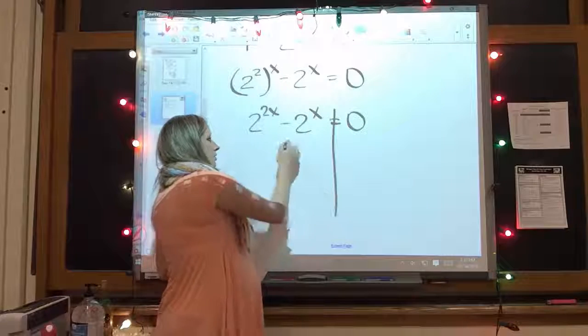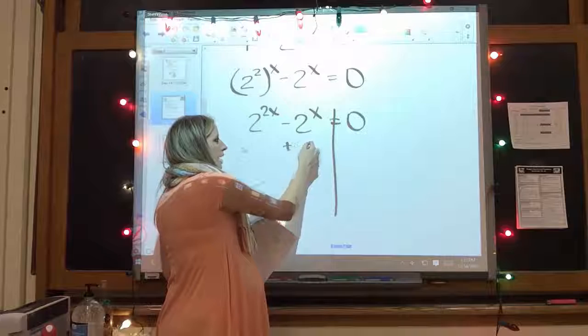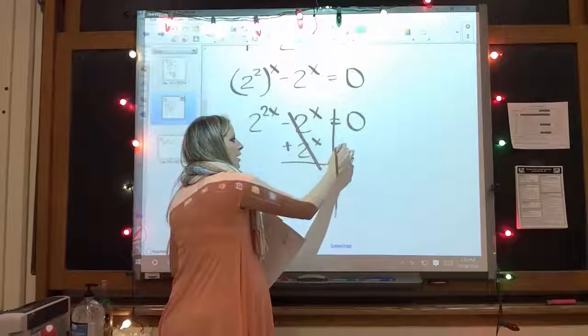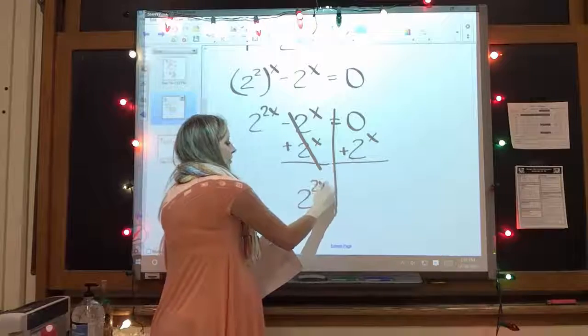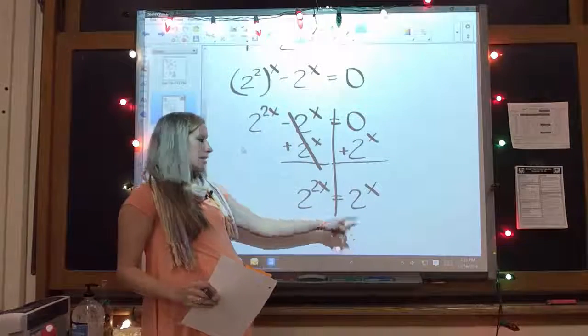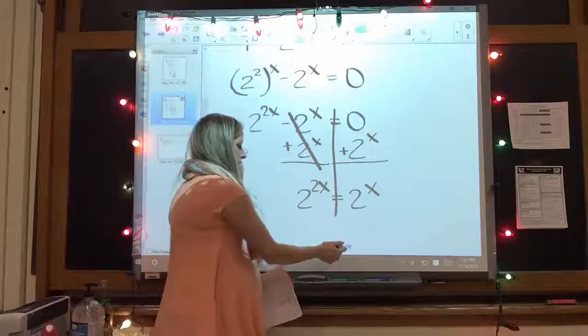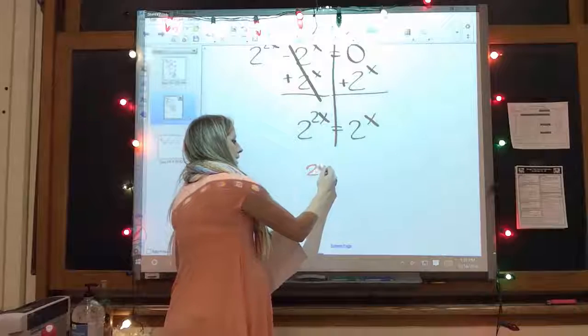So what you can do is move one of these other terms, like I can add 2 to the x power, and I can move it to the other side, and now I have a base of 2 on both sides, and then I can set my exponents equal to each other. So 2x equals x.